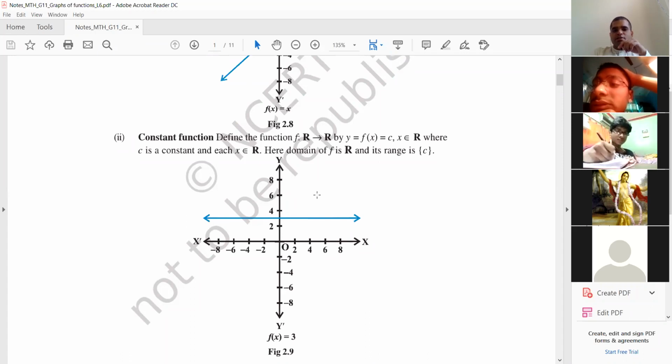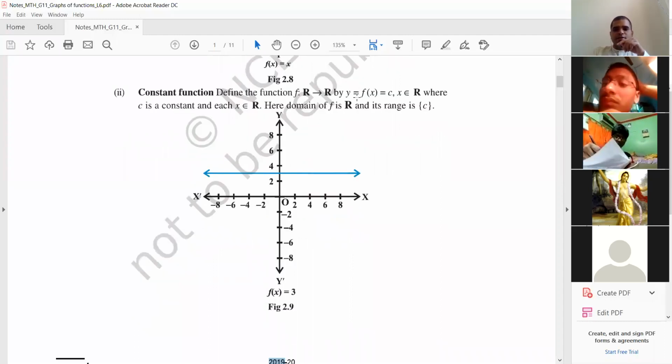Now what is the range? 2.5. Yes, the range is 2.5 or c, because for any value of x, it is taking only one value, that is 2.5. So the range of this function is 2.5, and the domain of the function is real. So this is the constant function.